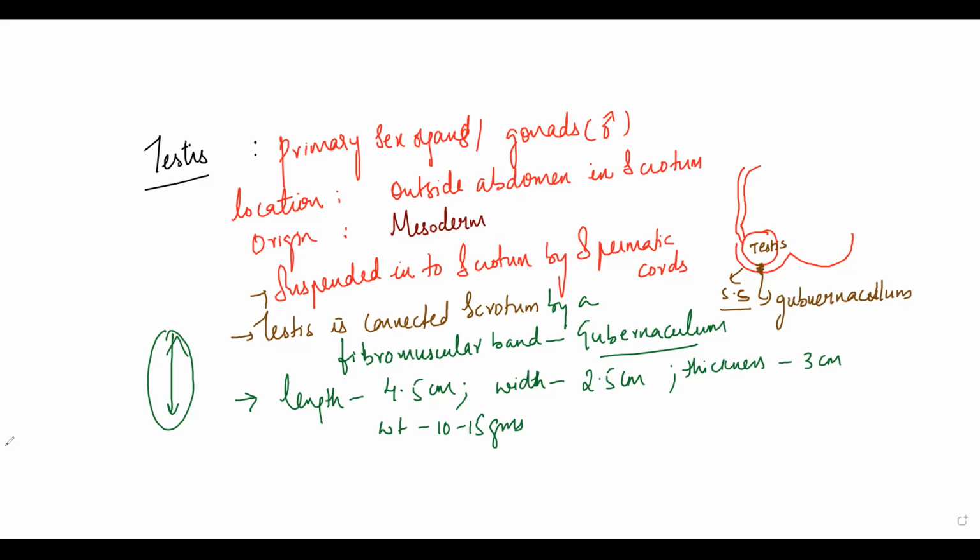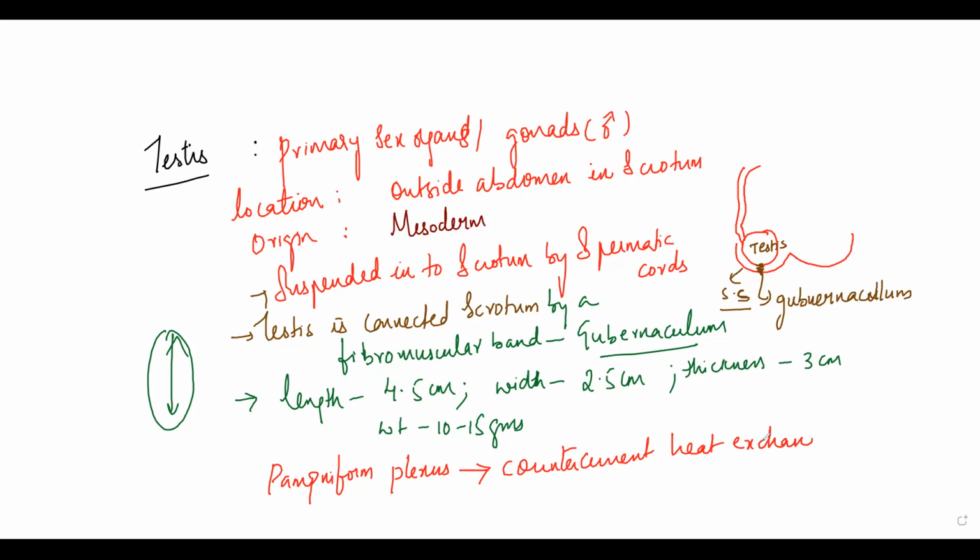Another important thing I need to speak about is the network of veins called the pampiniform plexus, where countercurrent heat exchange happens.